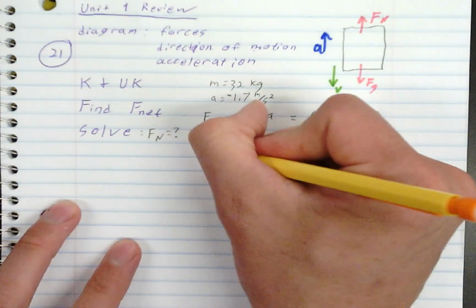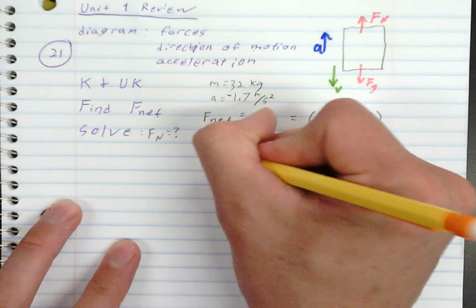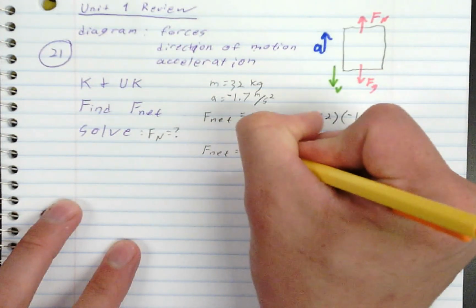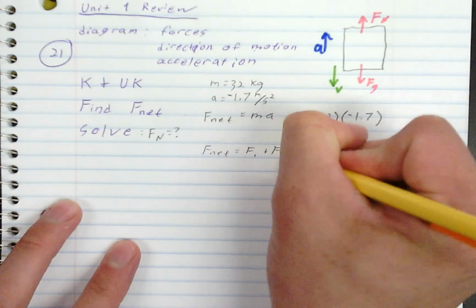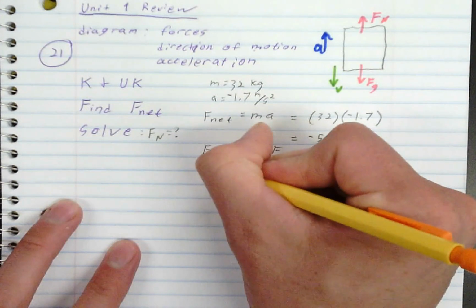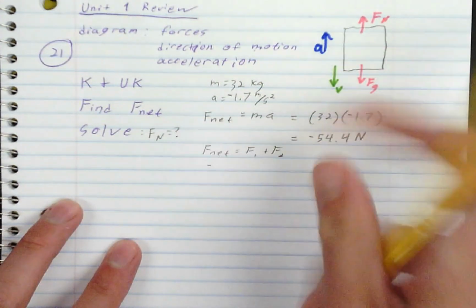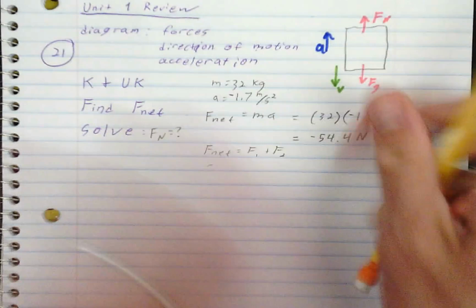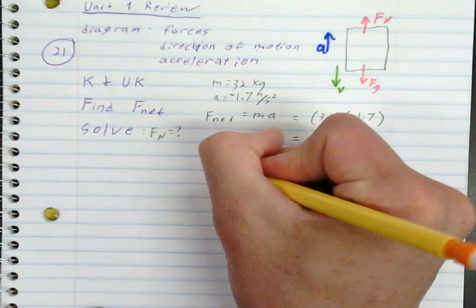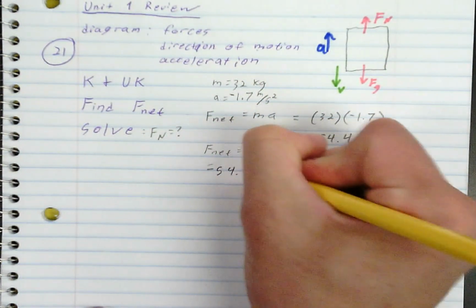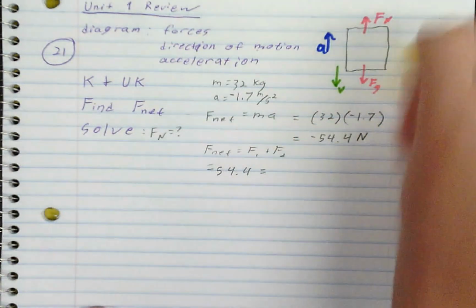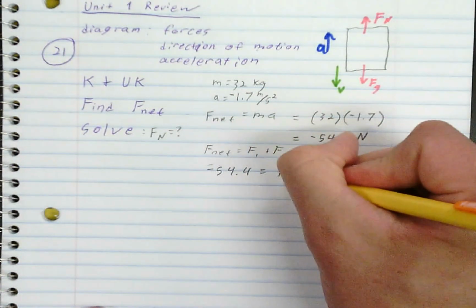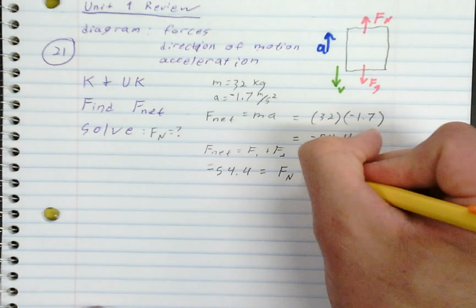So F net equals F1 plus F2. So the net force is negative 54.4. F1 we're going to call the normal force, and F2 we're going to call gravity.